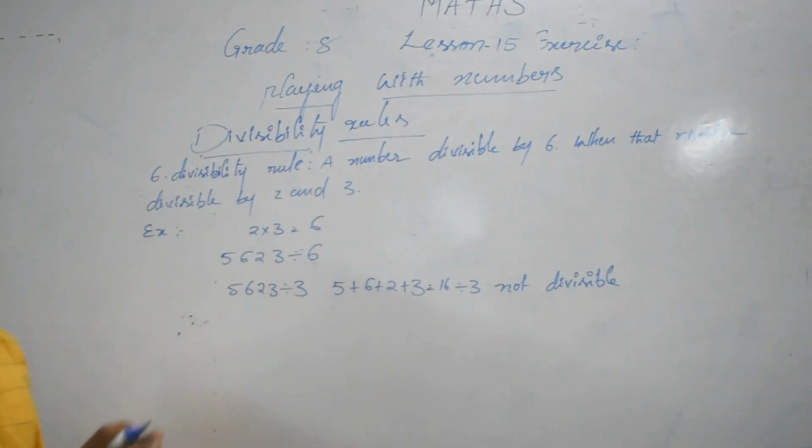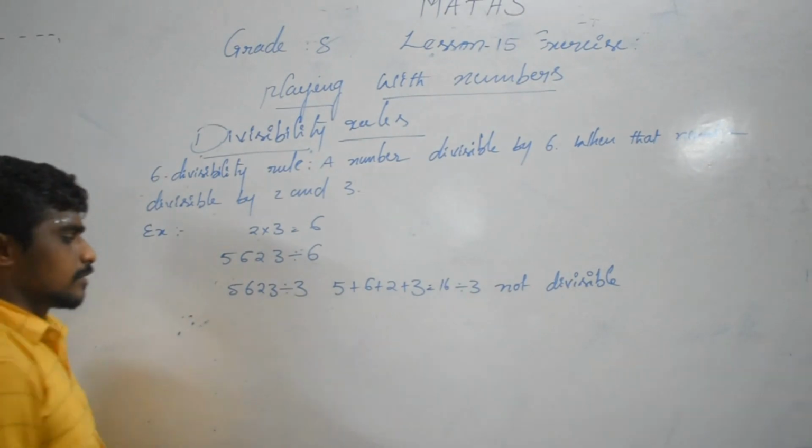So if any one of the rules is not satisfied, that also is not divisible.